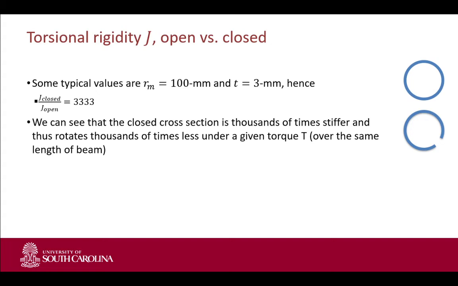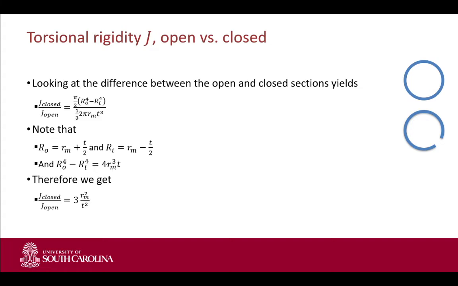So what this means, in torsion and just how the torsion rigidity is defined, is that if you have an open section, your structure is significantly less effective in torsion. The idea behind this is, if you want to design something in torsion, you don't want to go for an open section. You want to go for a closed section because then you get the full capacity, and the torsional rigidity is significantly larger.